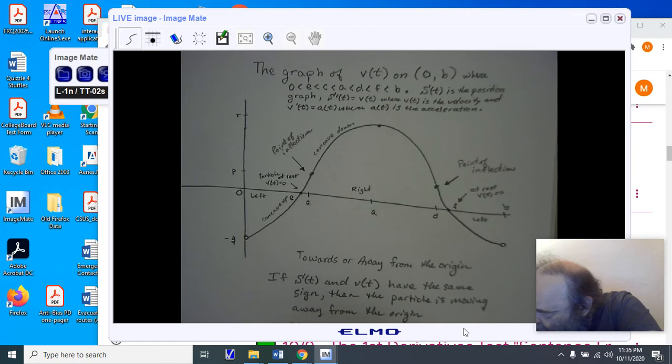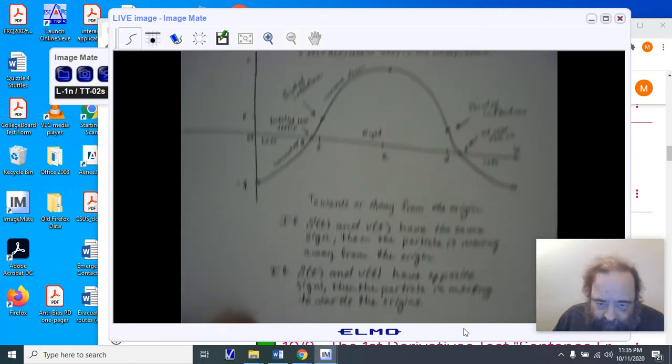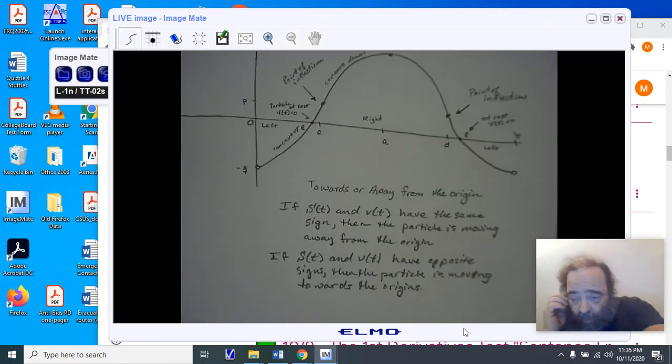Now, if you think about it, what we're talking about is an increasing and decreasing distance. In the previous video, we were talking about increasing and decreasing speed, and when I had an increasing speed, I had the velocity and the acceleration having the same sign.